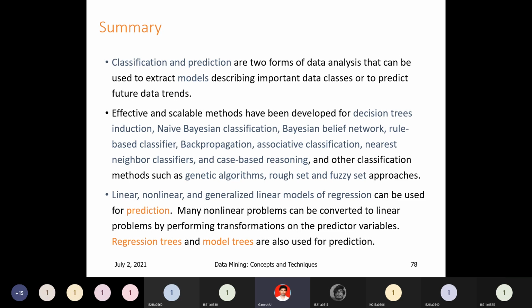Naive Bayesian classification, what you have done there: you use Bayes theorem. You find out the probability for each and every one, for red, green, blue, like that. Finally, it is related to whichever class has the high probability.